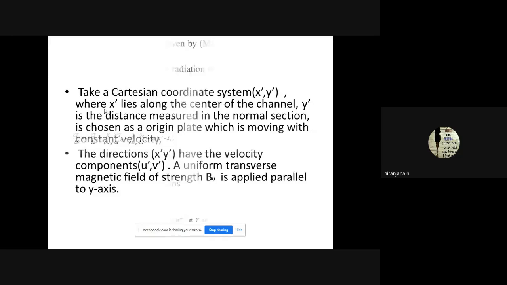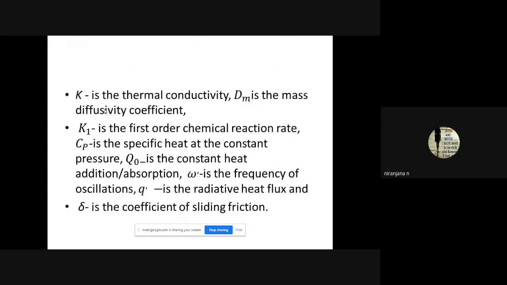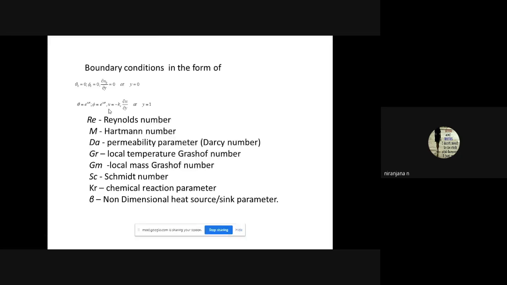And then this is my governing equations along with the boundary conditions, and some of the parameters with the explanation which I used over here. The reduced form of my governing equation is shown in this figure with the non-dimensional parameters which we used for the problem, along with the boundary conditions and the notations, like nomenclature.